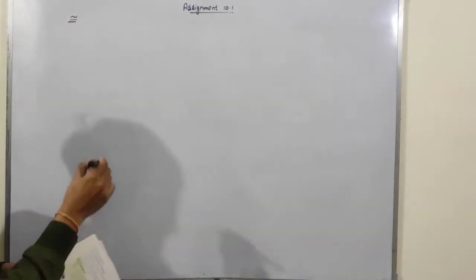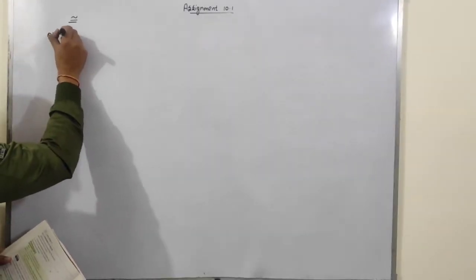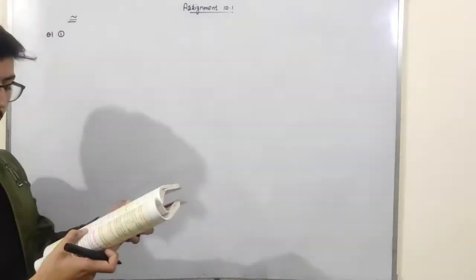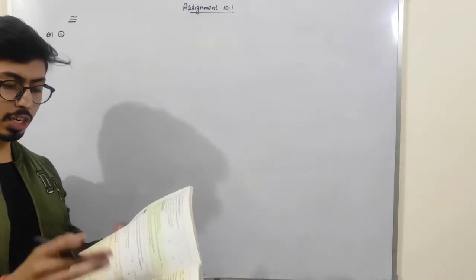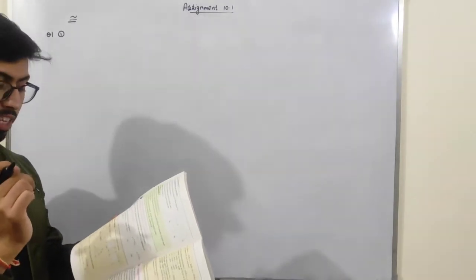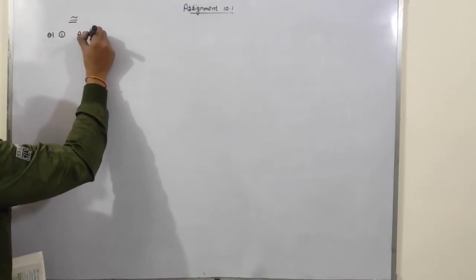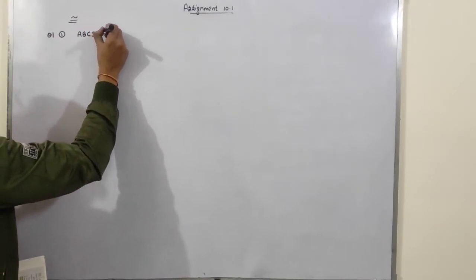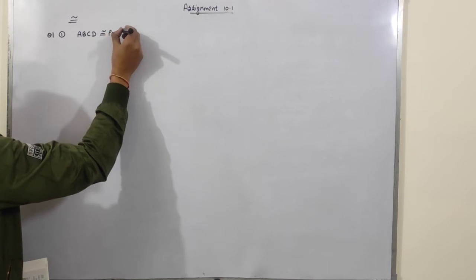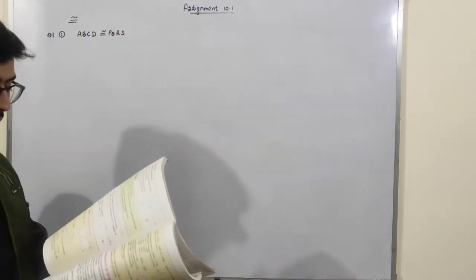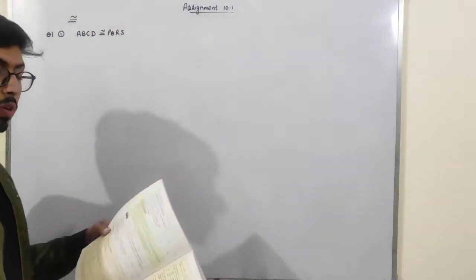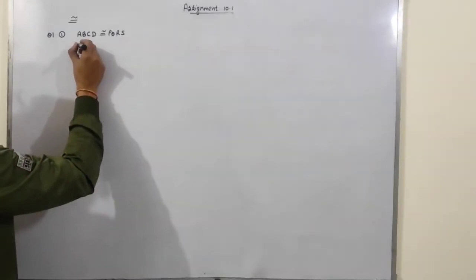See, first question, first part, what is given in the question? ABCD and PQRS are two squares and they are congruent to each other. Square ABCD is congruent to PQRS.